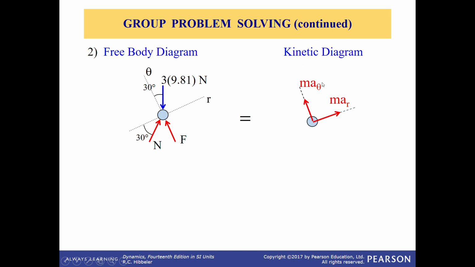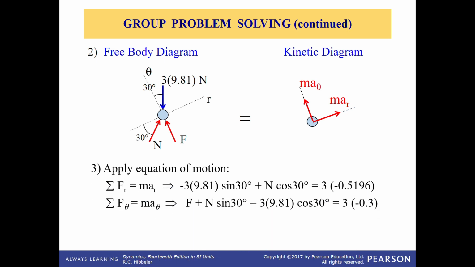Then the kinetic diagram just shows the direction of the motion of each parameter, Ar and A theta. Now you need to apply the equation of motion. Summation of Fr, you need to refer to this direction, equal to negative 3 times 9.81 sine theta. You need to resolve this in this direction, so I will have the downwards direction somewhere over here.